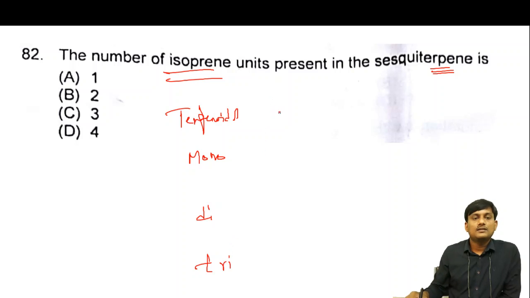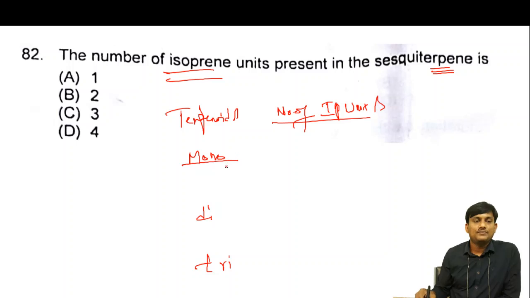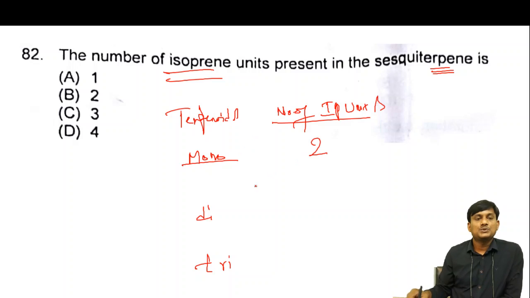In case of monoterpenoid, the name is mono, but how many isoprene units will be there? It will be 2. Di, it will be 4. Tri, it will be 6. Tetra, it will be 8.